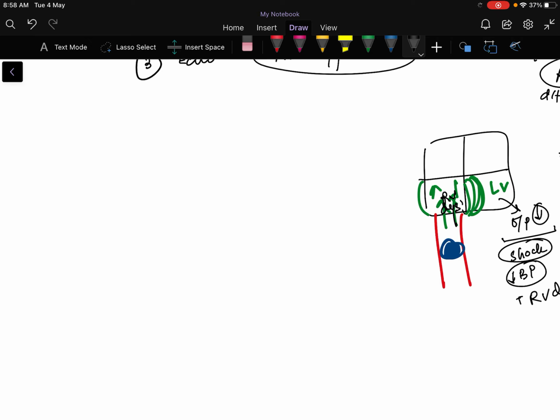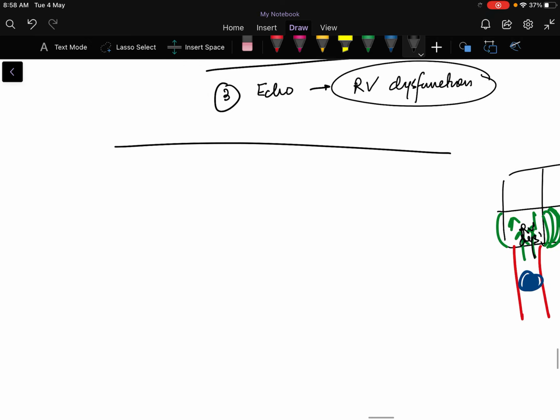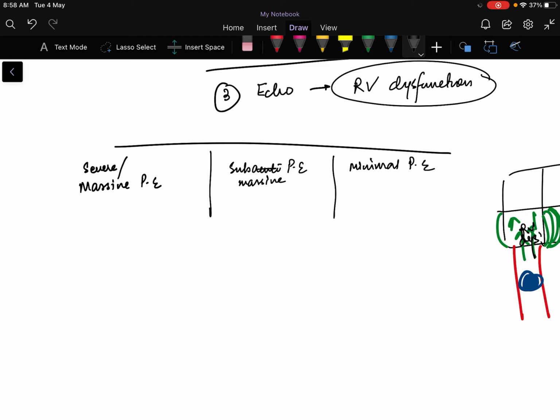So the features will be, if it's a case of severe pulmonary embolism, subacute pulmonary embolism, submassive, or it's a case of minimal pulmonary embolism. So how do you manage these people?